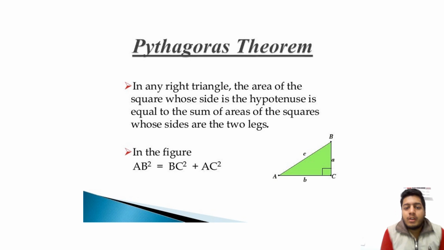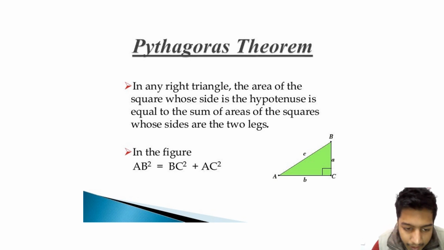Okay, so starting, I told you, see, this is a right-angled triangle, wherein this angle C is 90 degrees. Okay, and these are the other two angles, and these are the sides.